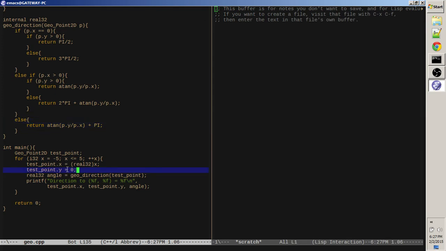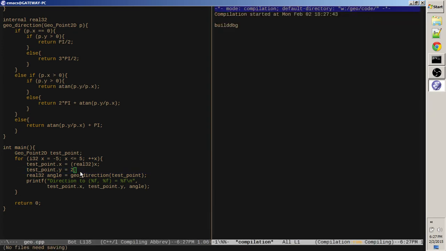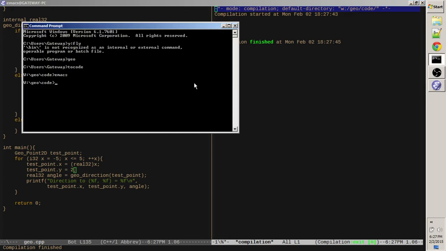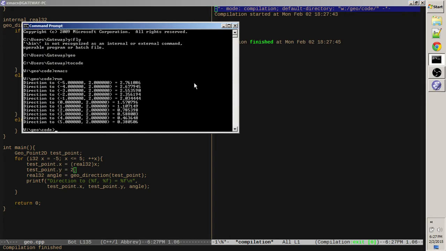So we're going to do the loop with x going from negative 5 to 5 and y being positive 2 to start. Alright, where is my, there it is, run. So what do we got here? It's starting not quite at pi, and then dropping to not quite to 0.